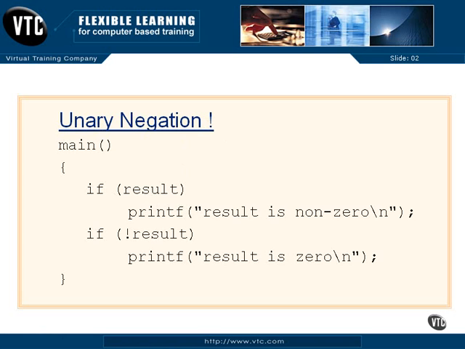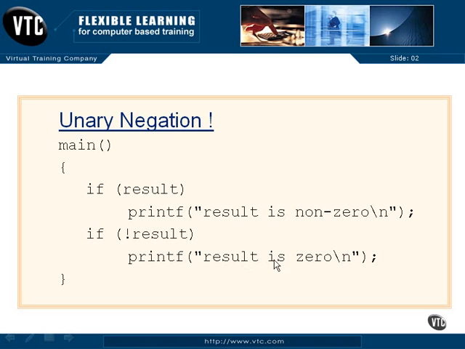If it is 0, a null value or 0 value, then it is not true and the if will fail, and we will not go in and execute the statement after the if. So we say if result, we would print out result is non-zero, if this is in fact the case. Down here, if not result, this printf will happen if the result is equal to 0, because the not reverses whether it's 0 or non-zero.